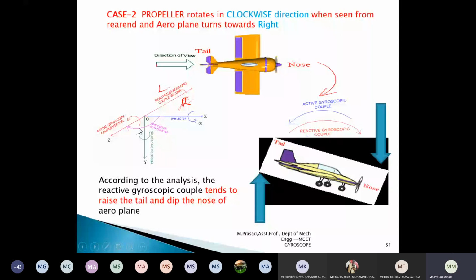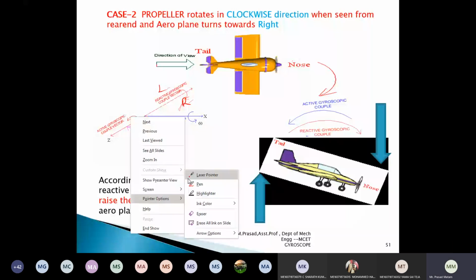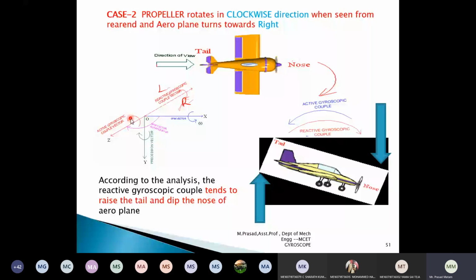The active couple is moving from right side to left side. How is the reactive couple moving? It starts moving from the left hand side to the right hand side. You can see here what is the left hand side and what is the right hand side. I have drawn it. So this is my left hand side portion, and this end I call the right side portion.